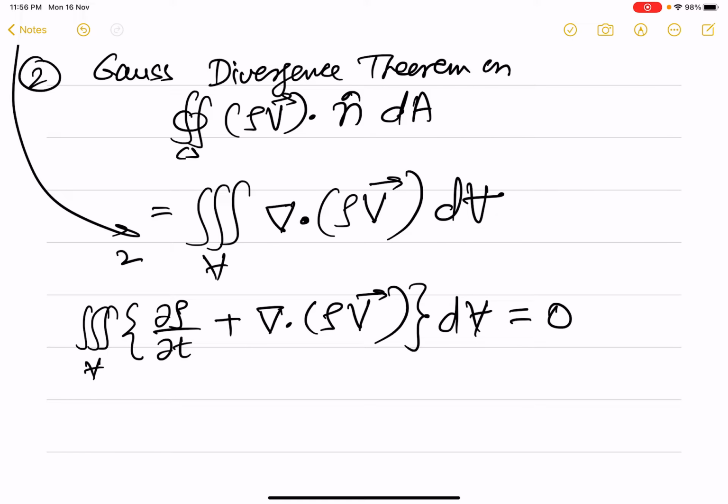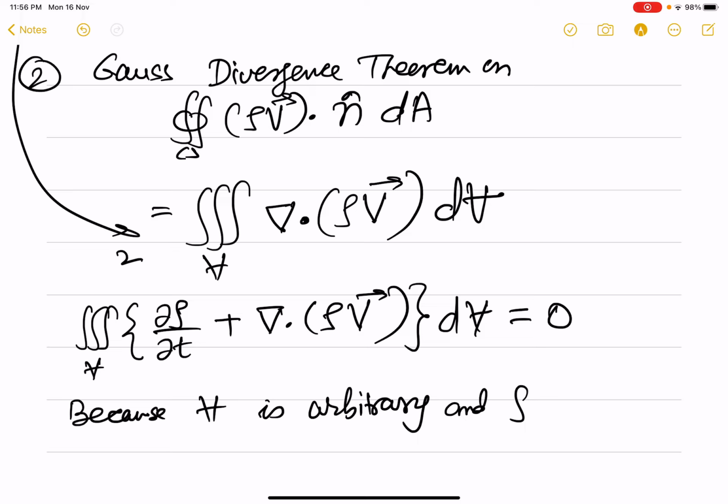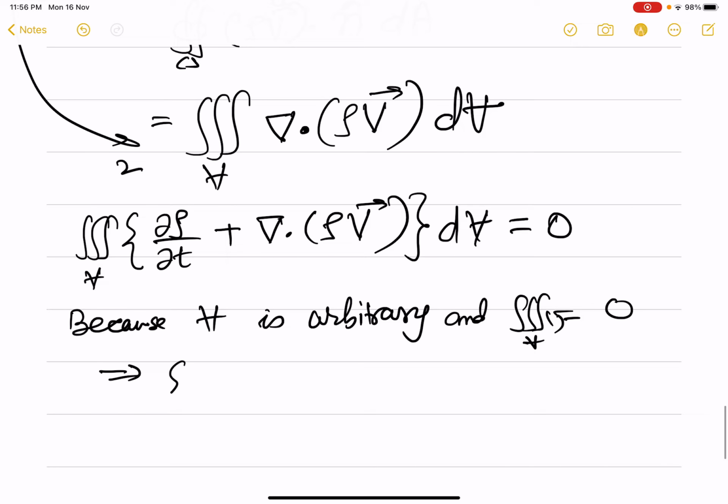And next what we say is, because the volume V is arbitrary and the integral is equal to 0, this will imply that the integrand has to be 0, because it holds for any arbitrary volume.